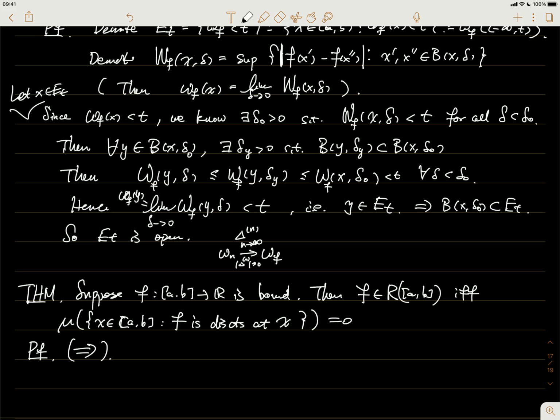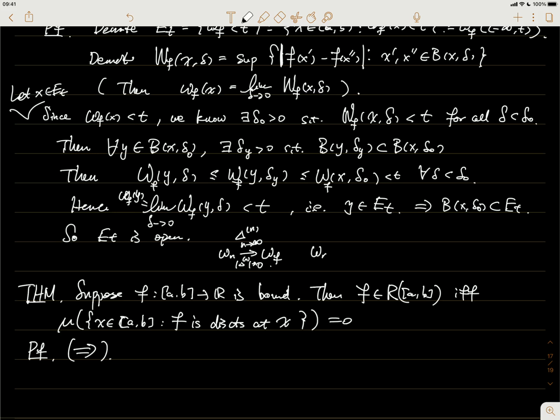We know this is true, and we also know that the integral of Wn, I should say, goes to the integral of Wf.